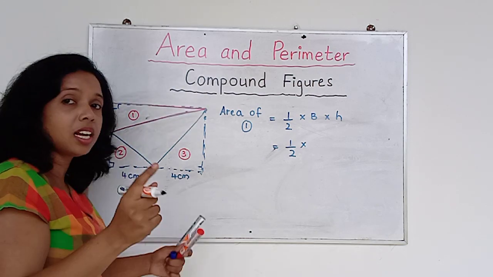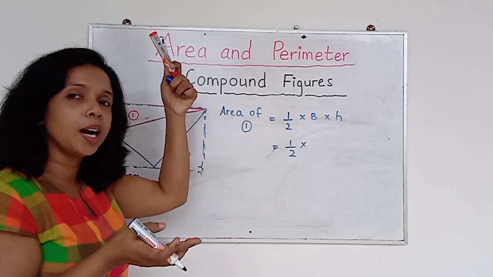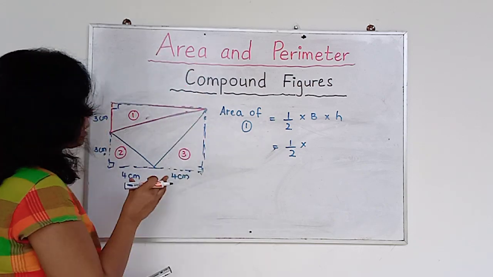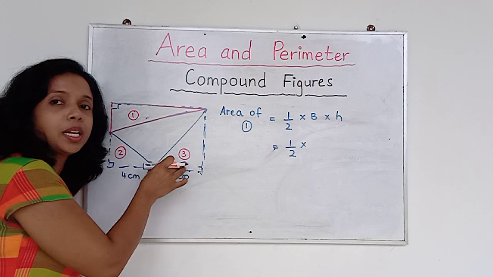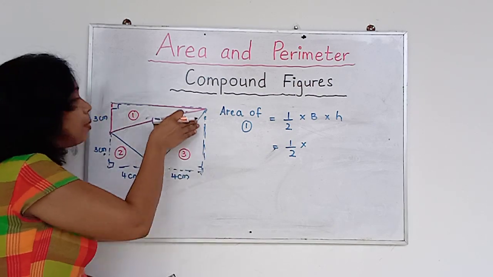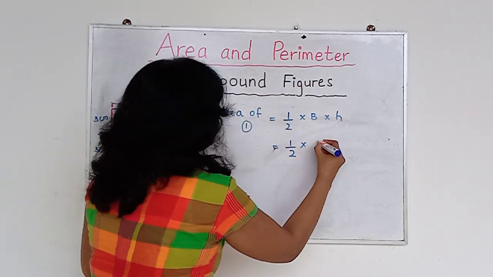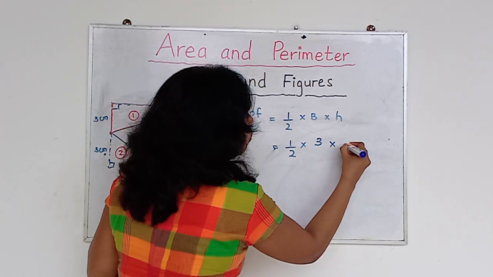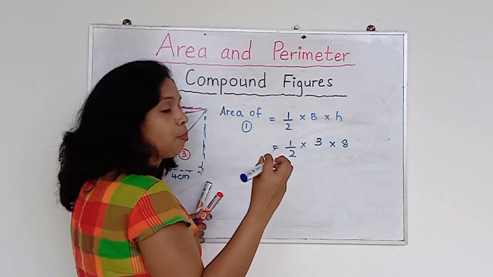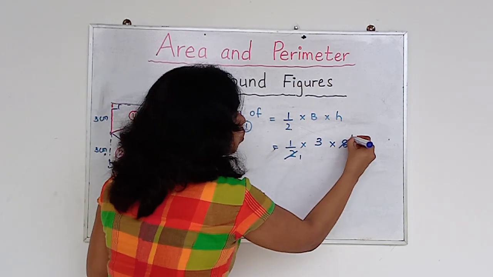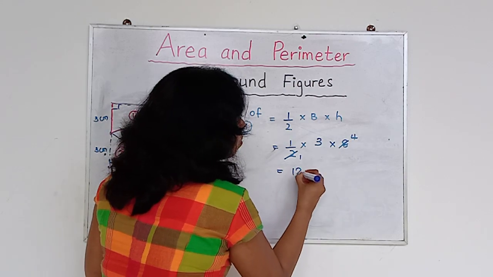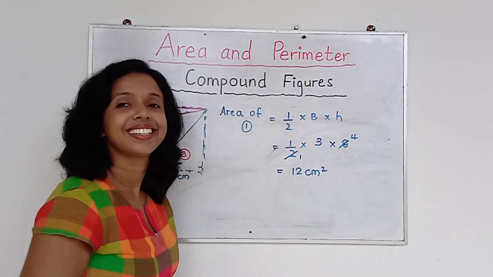Here in a rectangle, opposite sides are equal in size. As this side, 4 centimeter plus 4 centimeter, it should be 8 centimeter, then 3 into 8. So how can I simplify that? Here 4, then 12 square centimeters, right?